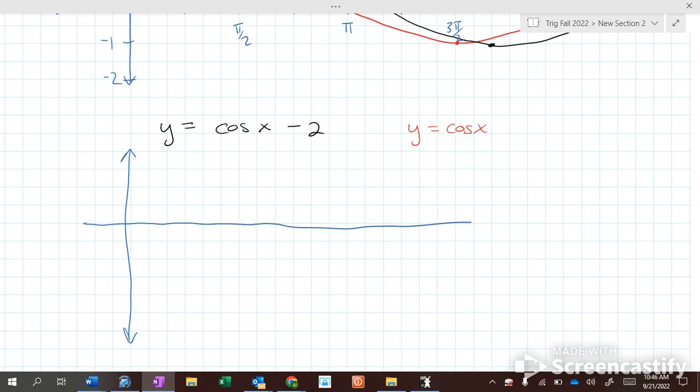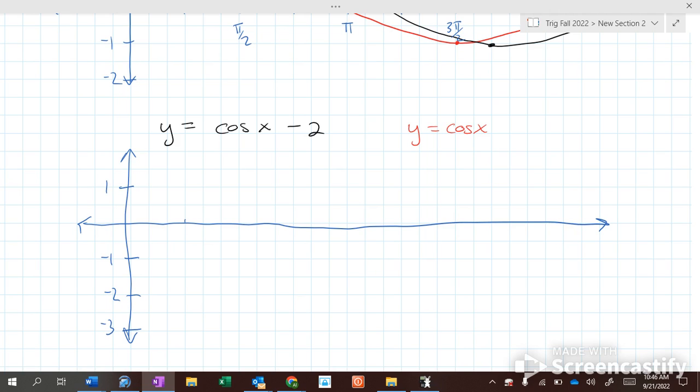When I make my graph, I'm going to think ahead a little bit. I see it's minus 2 for my d term, so I know it's going to shift down a couple. So I make my y-axis just a little bit longer below the origin. This is 1, this is negative 1, this is negative 2, this is negative 3.